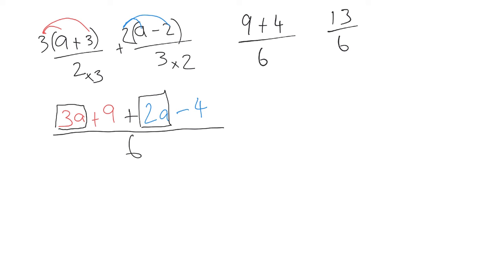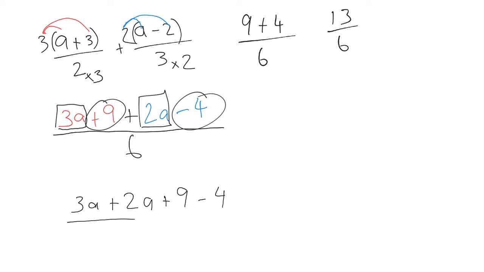So let's bring them down. 3a plus 2a, they are like terms, so we're going to put that together. We know that positive 9 and negative 4 are like terms as well. And so that now becomes very similar to other problems that we've worked out when we've been combining like terms, and it's all over 6.